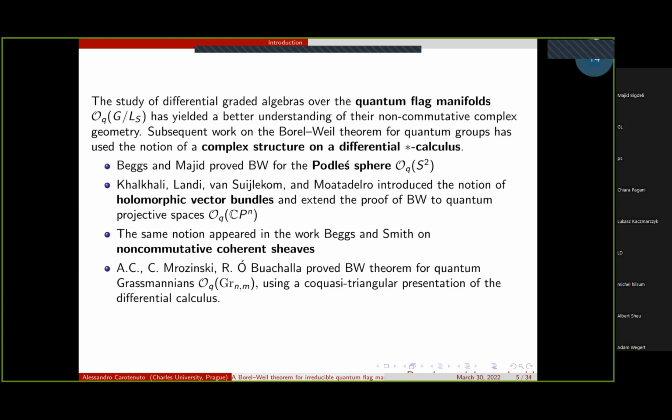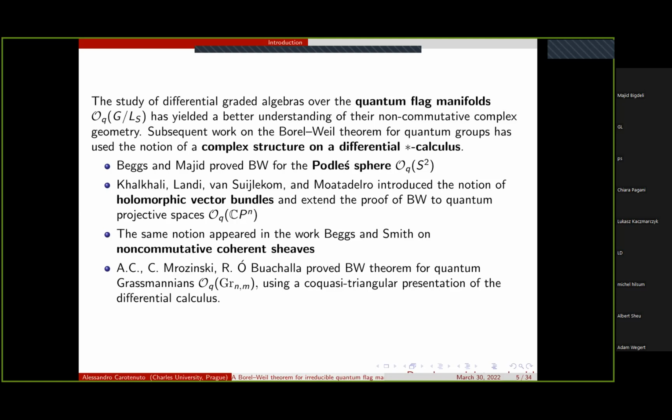And finally, let me mention that myself, together with Colin Mrozinski and Réamonn Ó Buachalla, proved the Borel-Weil theorem for the quantum Grassmannian. So another small step after the projective complex spaces. And we were using a quasi-triangular presentation of the differential calculus.